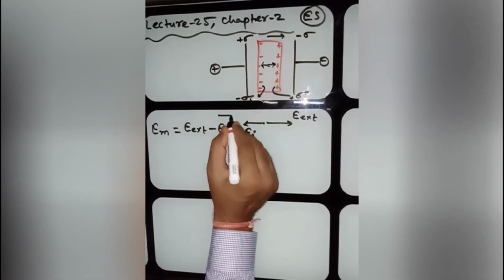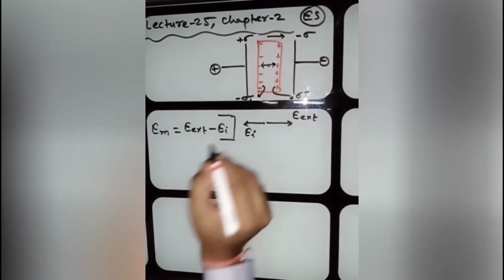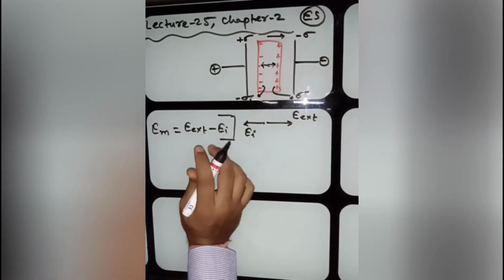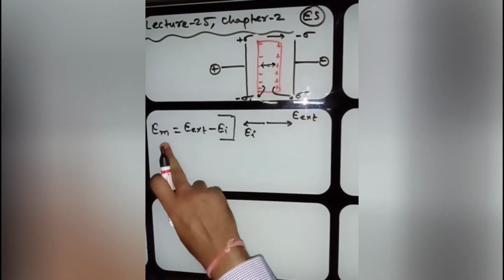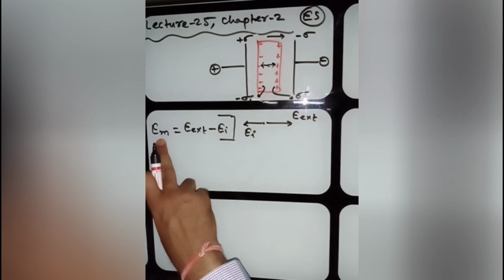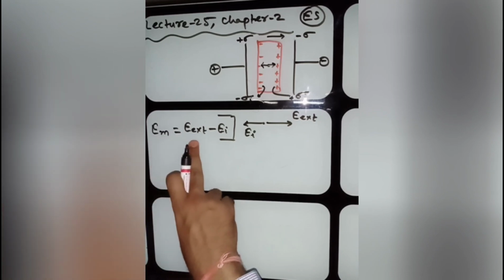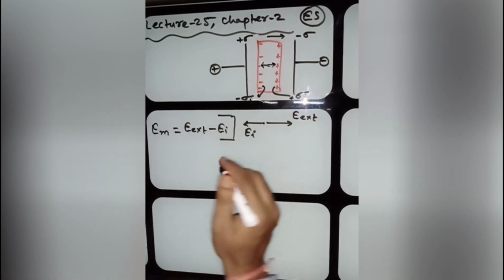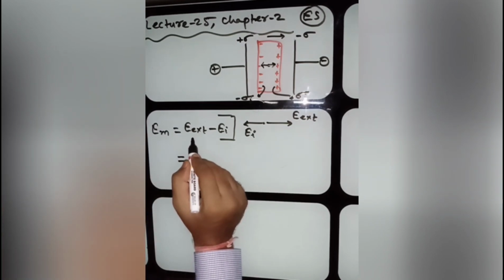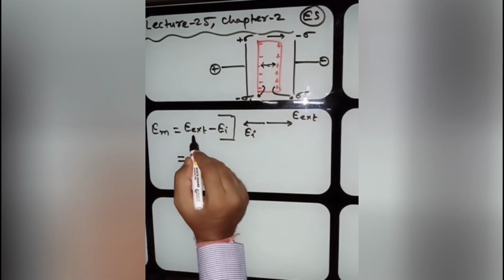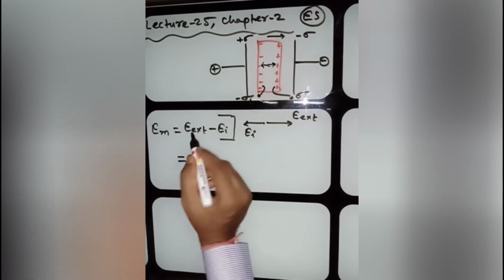I hope you remember. With this formula we concluded the last lecture. So E net, that is in presence of medium, was E external minus E induced.